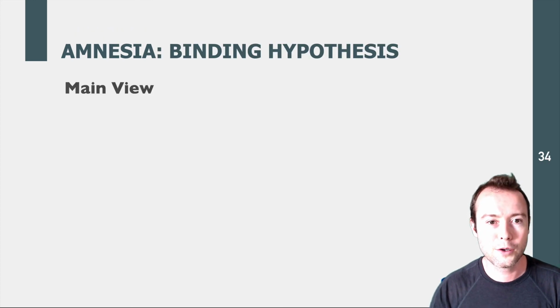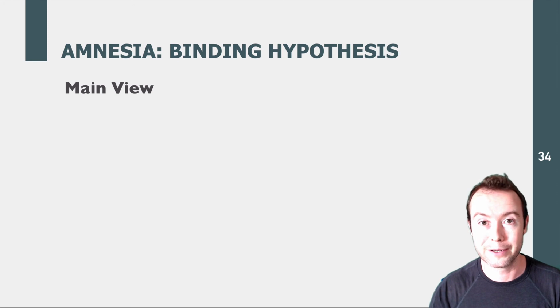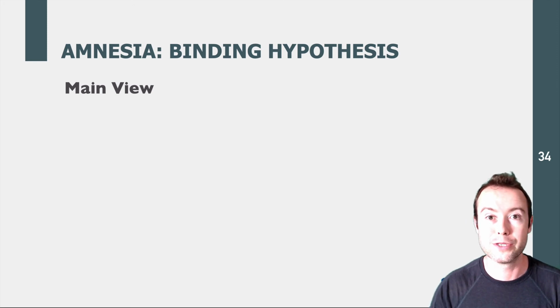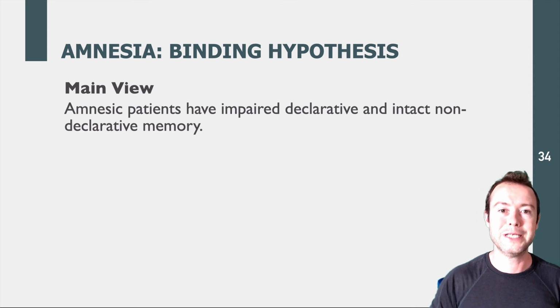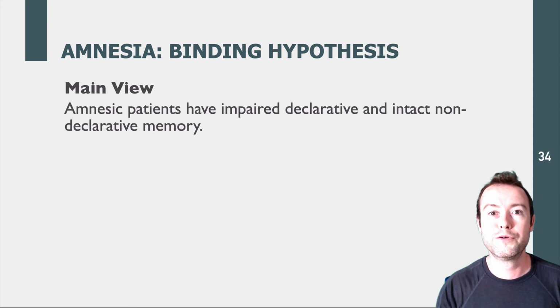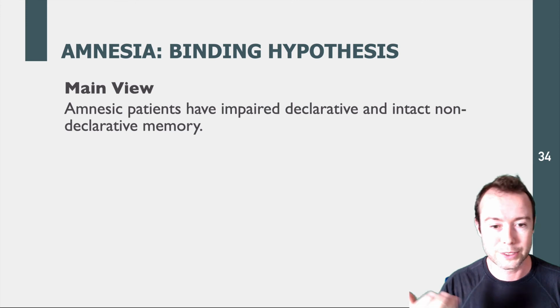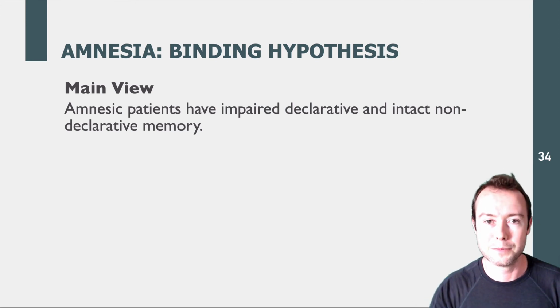Now, why does amnesia occur? What's going on, what kind of mechanism means people aren't able to store these episodic memories? The traditional perspective of amnesia is that it provides strong evidence for two distinct memory systems.